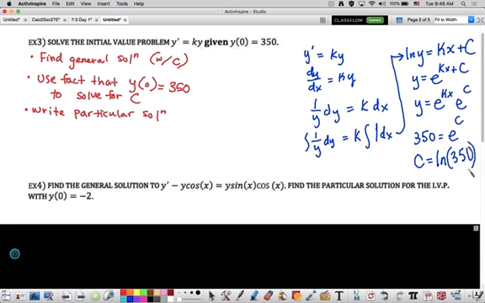So you found c. That was the second step. Your particular solution is y equals e to the power of kx times e to the power of natural log of 350. E and natural log cancel out. So y equals 350 e to the power of kx. Particular solution.